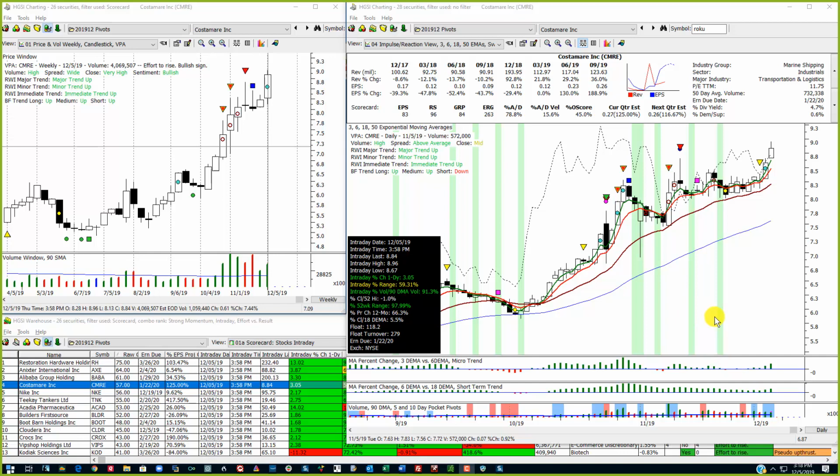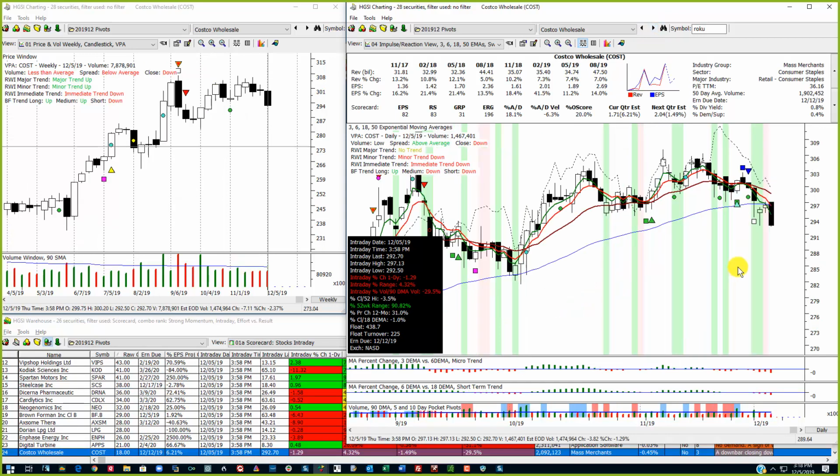These VPA flags generally work pretty well. Here's a negative flag. Here's a negative. This is a mixed flag with the transfer of ownership, negative flag, but then it held above the 18. This could be considered a bounce play here too. Okay.